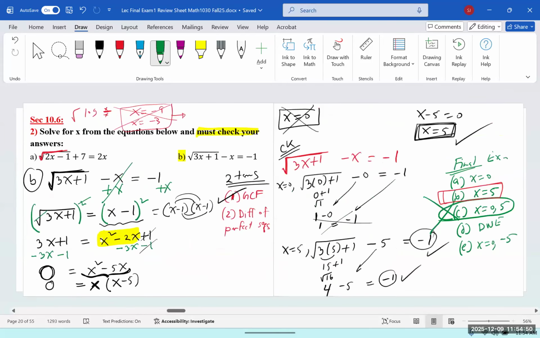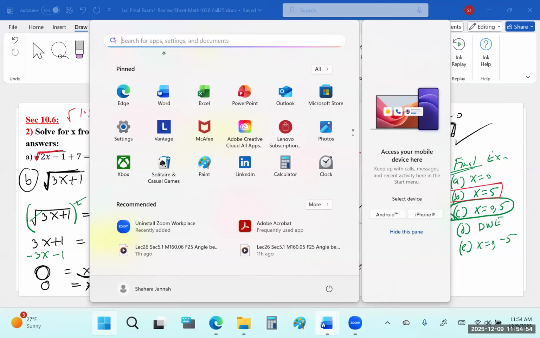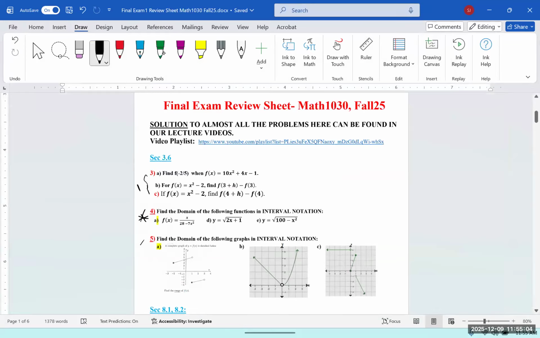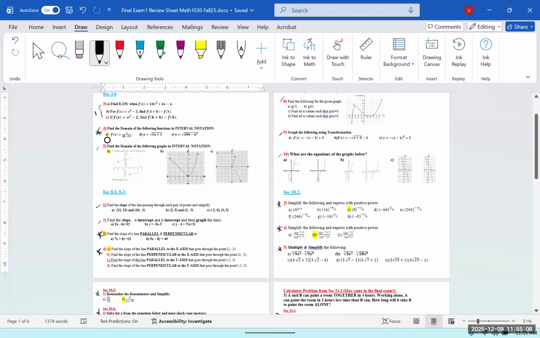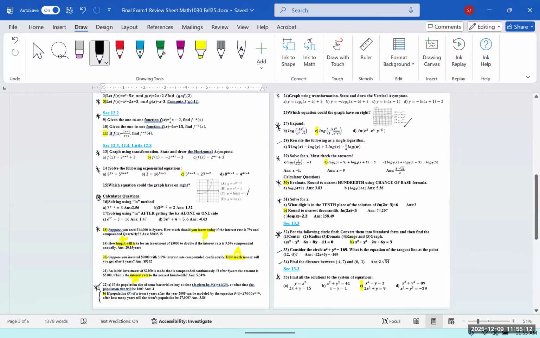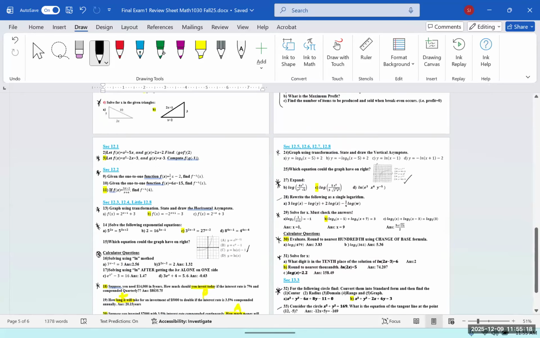I'm going to post the combination of exam 1, 2, 3 review sheet, not the solution one but the one we did before, on Brightspace tonight, and then study all these questions.